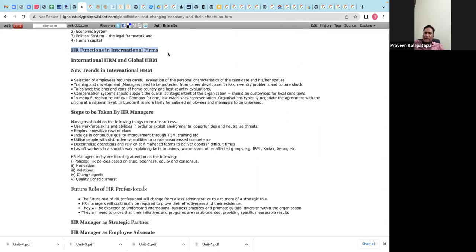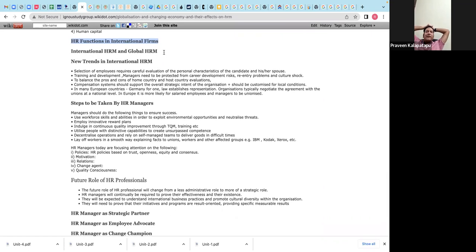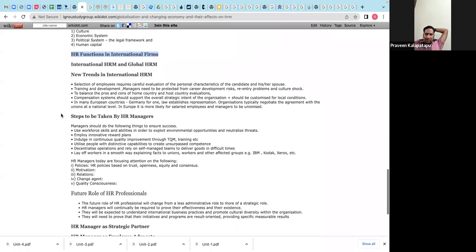The main crux of this particular HR function is how they manage this delicate balance between the host country and the country which they are operating in. How exactly that balance would be maintained, how coordination will be done across the countries, how you are going to bridge the cultural differences. So these are some of the HR functions as far as international HR is concerned.